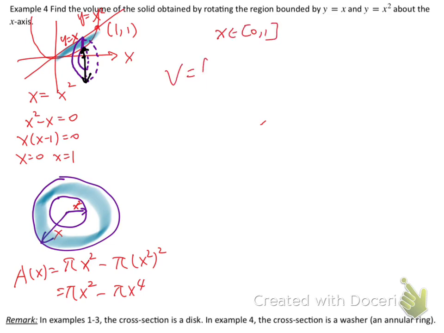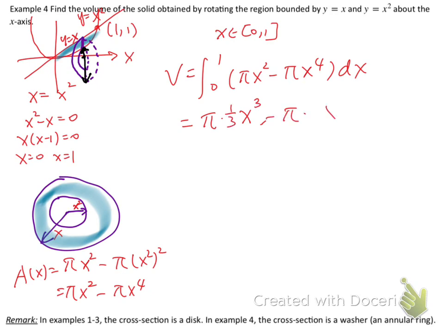Then the volume is the integral from 0 to 1 of pi x squared minus pi x to the 4th dx. So pi x cubed over 3, raise the power by 1 and flip, minus pi, raise the power by 1 and flip, from 0 to 1. Pi over 3 x cubed minus pi over 5 x to the fifth, 0 to 1.